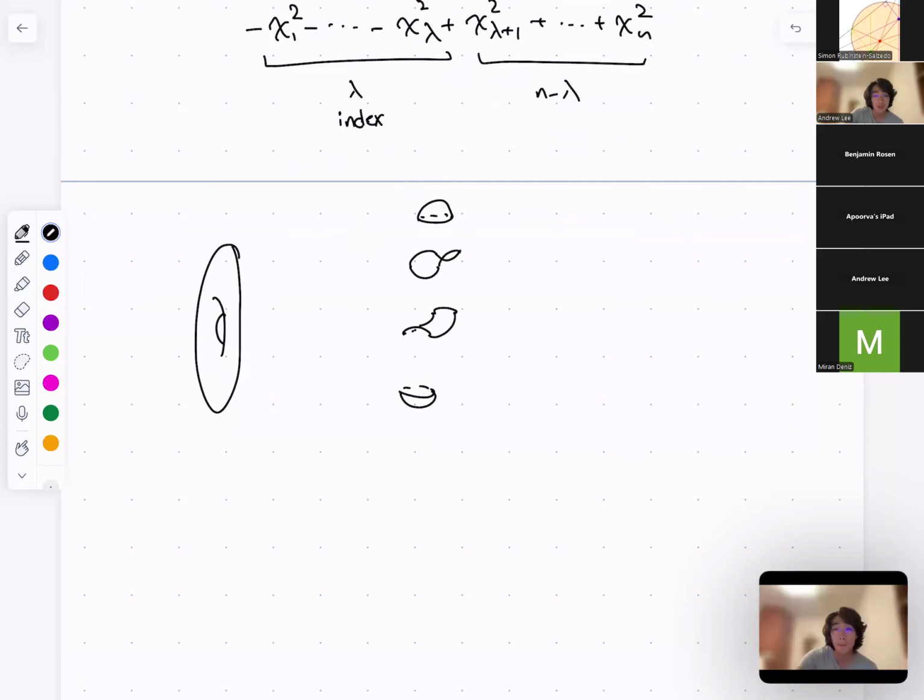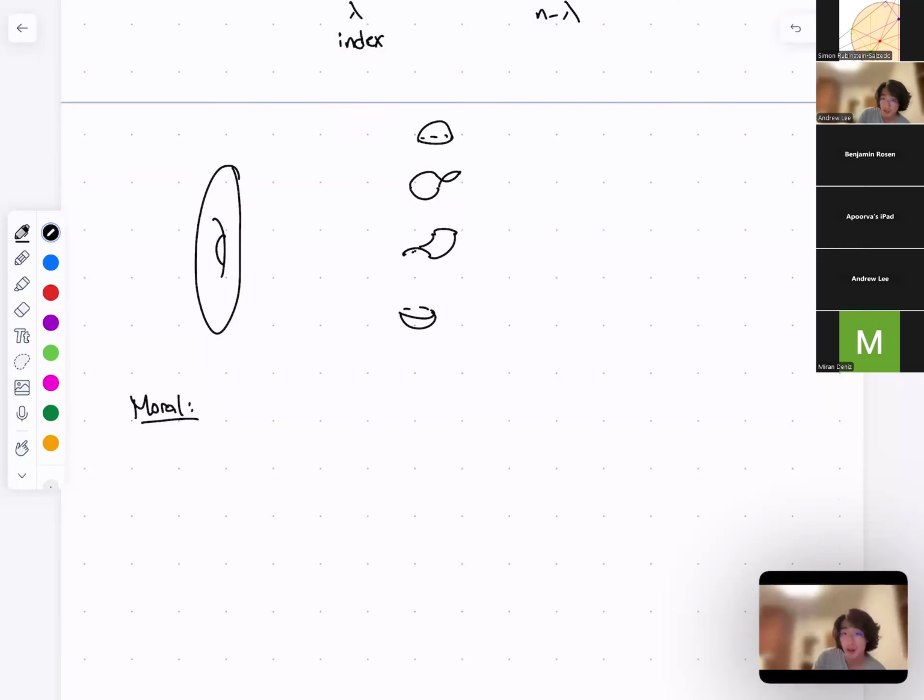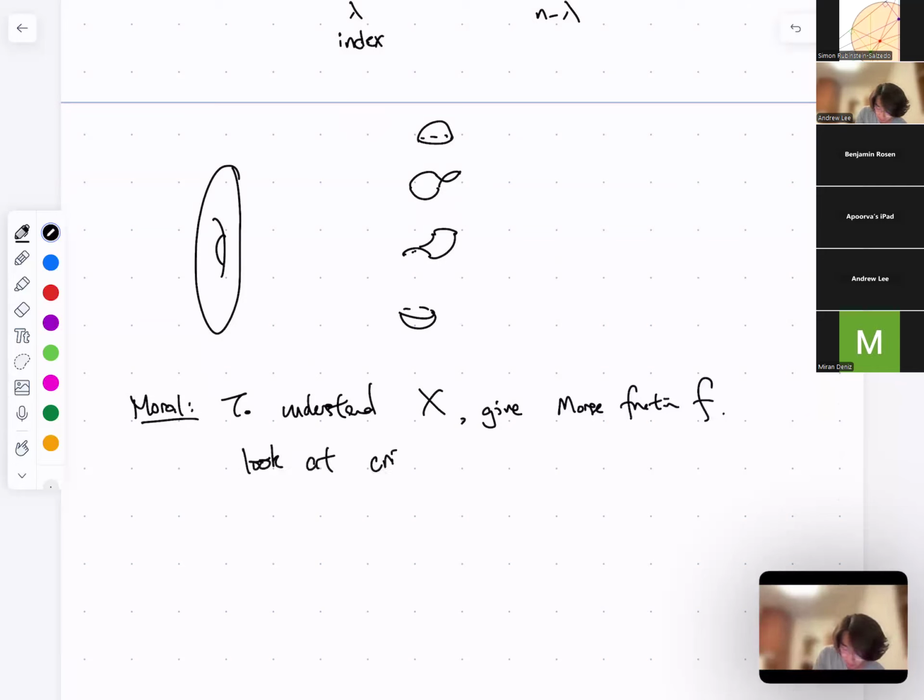Cool. So I'll stop on the Morse theory now. There's a lot more to say about this, but for the purposes of the story, our moral here should be that to understand our space X, we give it a Morse function F, and then look at critical points.